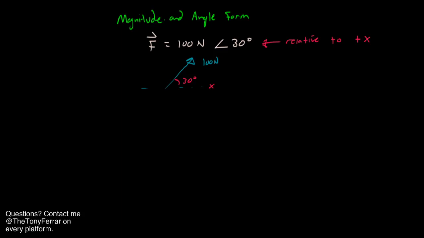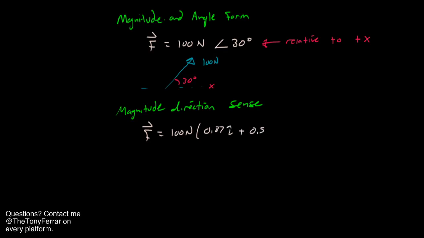The next form that we will often use is called the magnitude, direction, and sense form. Vectors written in this form would look like this: 100 newtons multiplied by the unit vector 0.87 i hat plus 0.5 j hat.